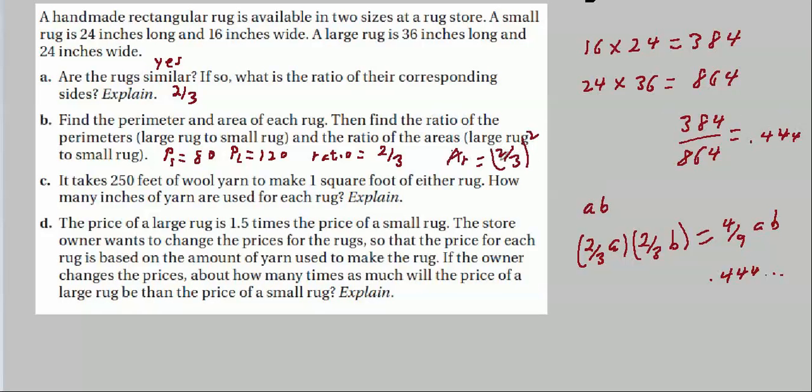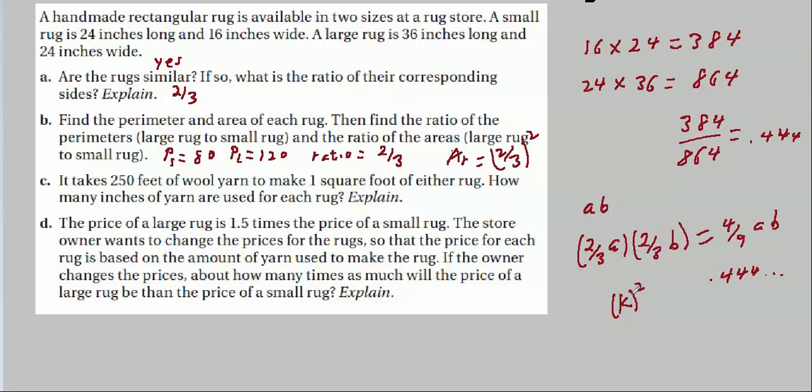And in general, whatever the scale factor is, the area is going to be k squared. If the original is A and B and the image is kA and kB, scale factor is k, then the area is going to be changed by k squared.